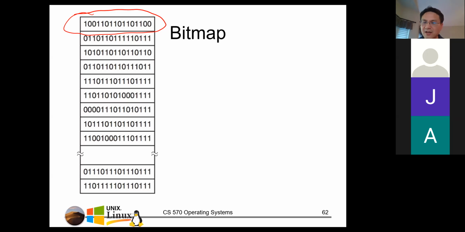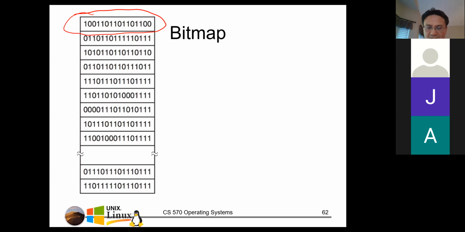But as we just talked about, using the bitmap scheme, you would have to label each block on the disk, and so as your disk becomes larger, the size of the bitmap also becomes very large.